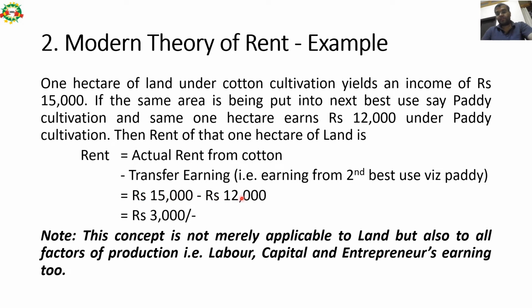Here transfer earning means earning from the second best use, which is paddy in this example. So 15,000 actual earning from cotton cultivation minus 12,000 opportunity cost from the second best use, paddy cultivation. That means the rent of this land is 3,000 rupees.